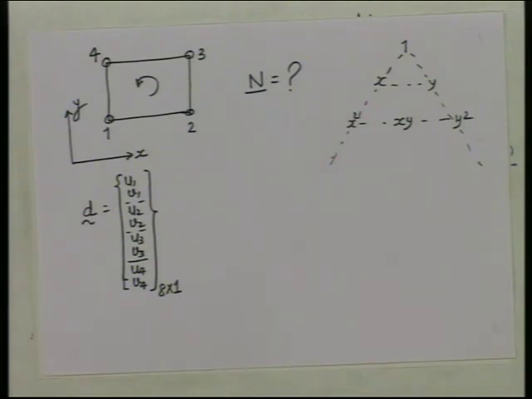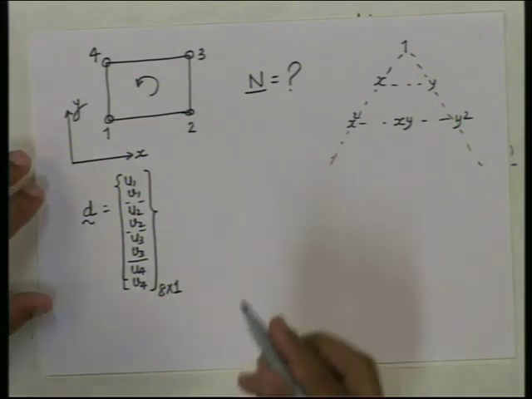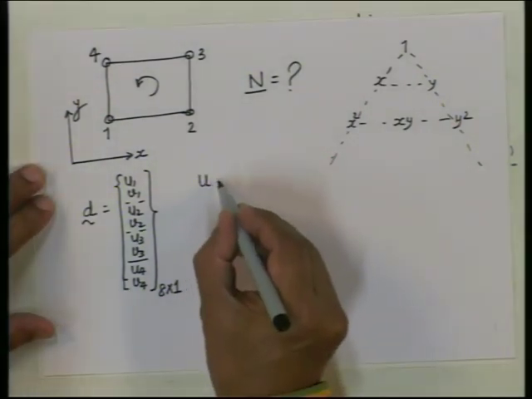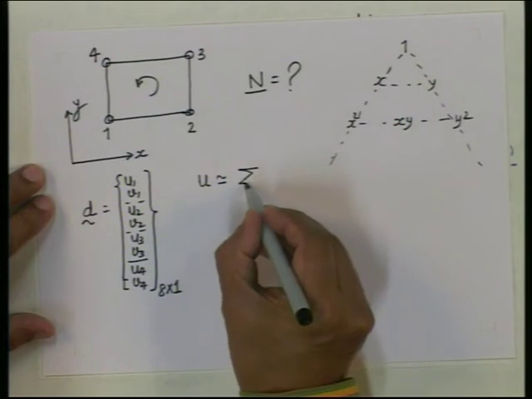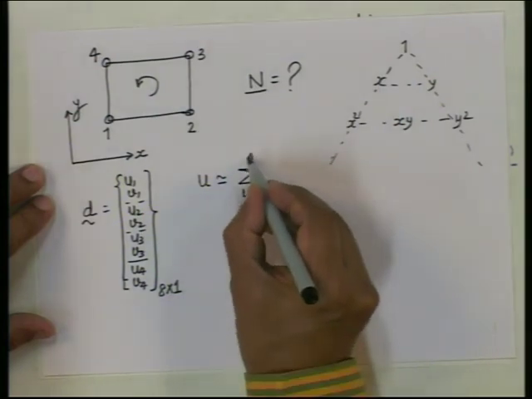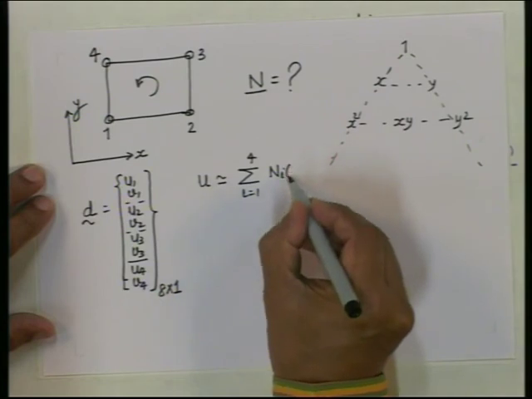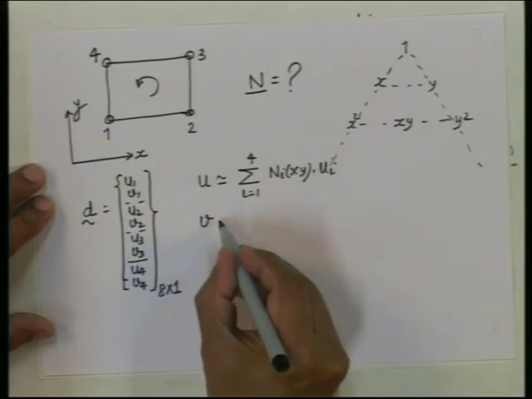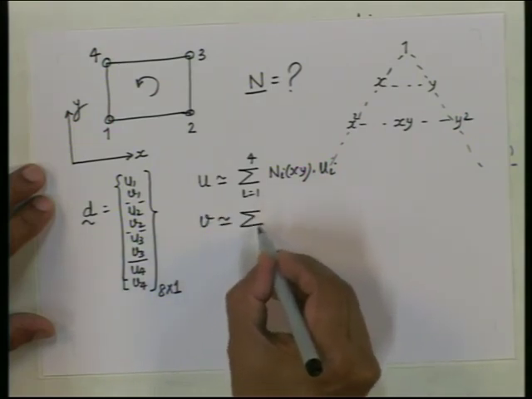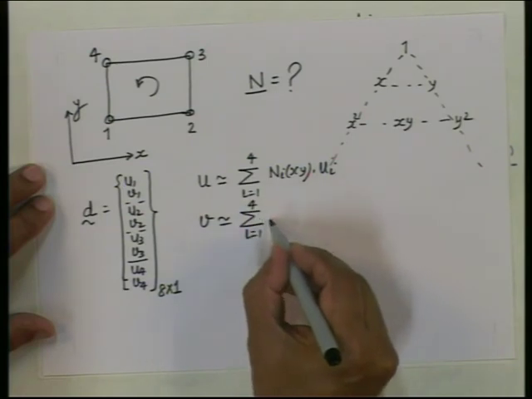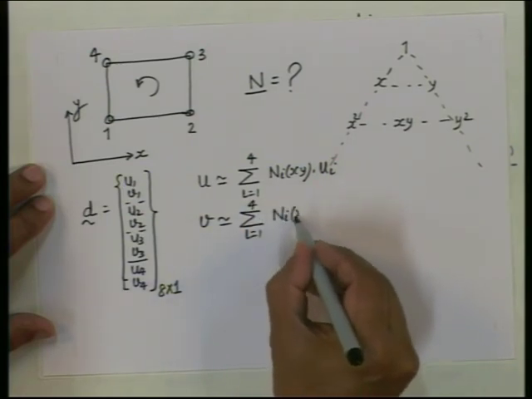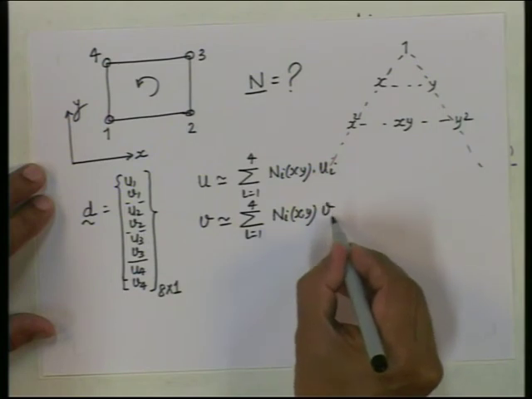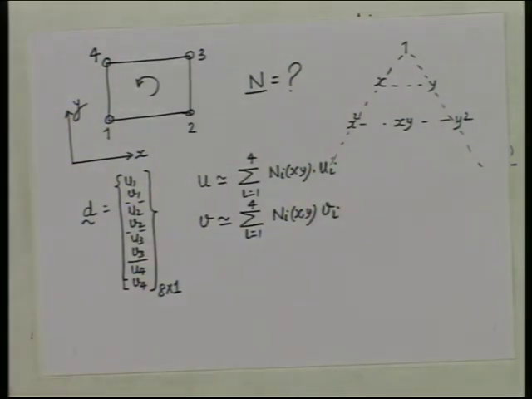Therefore, the size of your N matrix follows. U will be given by the summation over i going from 1 to 4 of Ni(x,y) into Ui. V will be the summation from 1 to 4 likewise. So, how to get these shape functions? Easy.